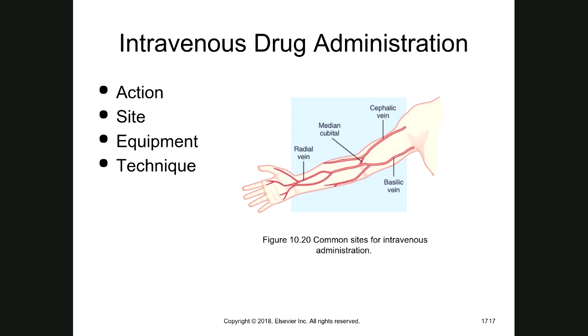Then we have the intravenous drug administration right here, and you can see the action site, equipment, and technique. Depending on the drug, it's really about the placement. You usually see in an emergent situation where they'll use the antecubital.